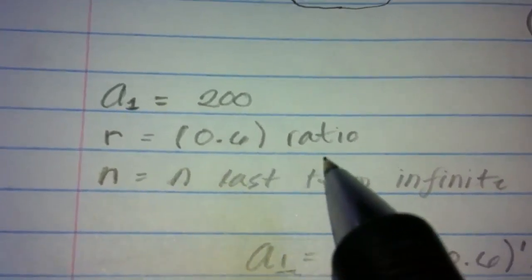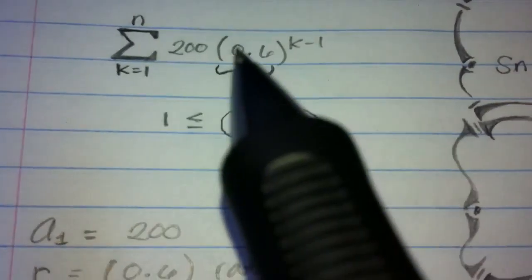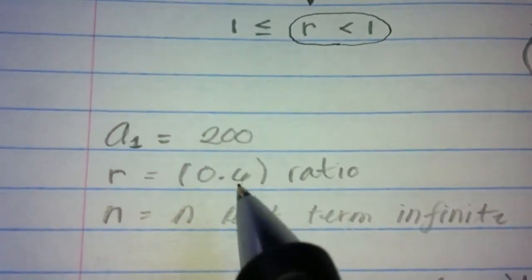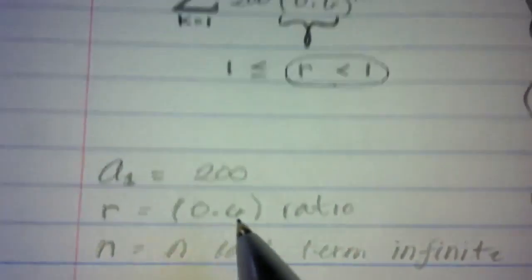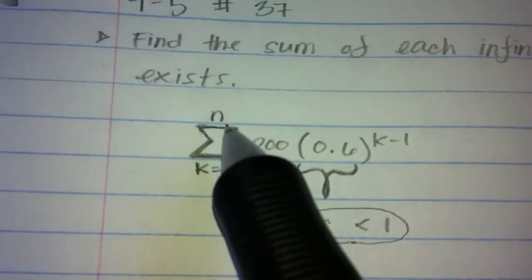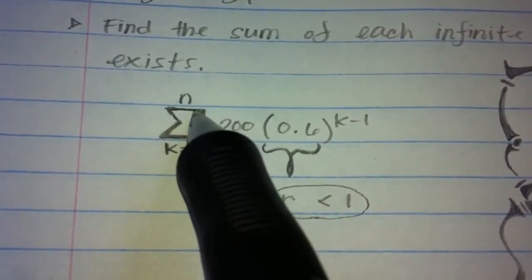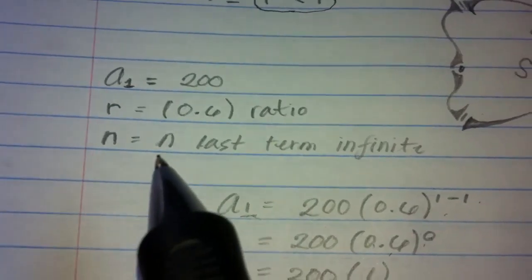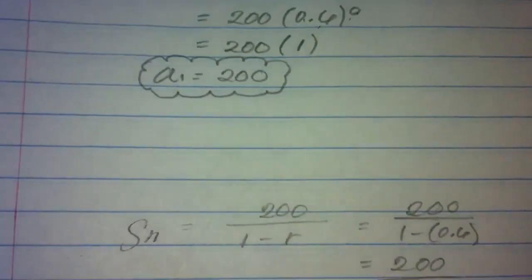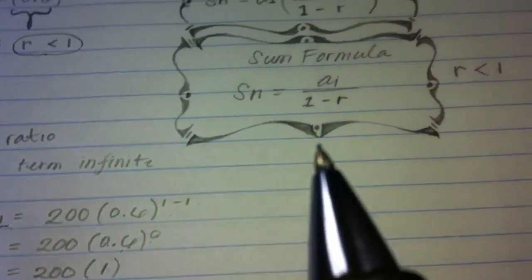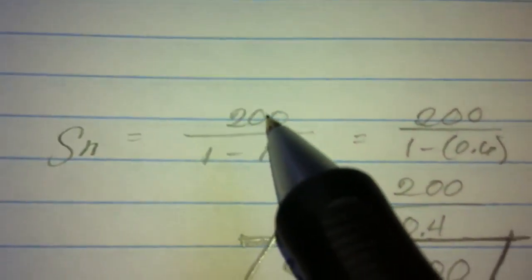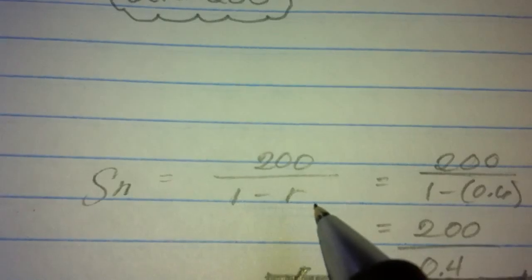R, which is the ratio which we had discovered earlier, is 0.6, and n, which is the last term of the infinite series or sequence, remains as n. So when we use the sum formula earlier, we will get Sn equals 200 over 1 minus r.